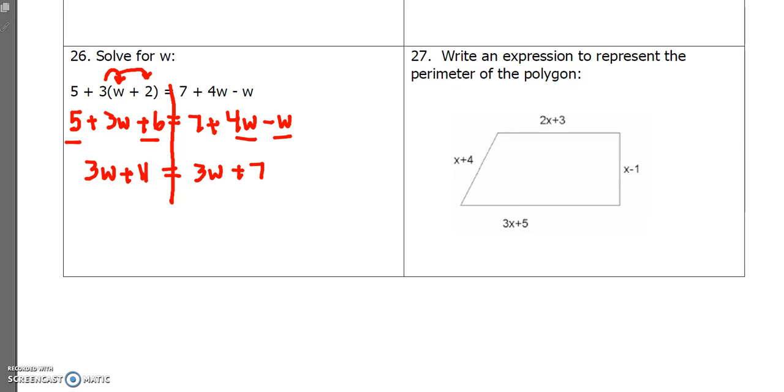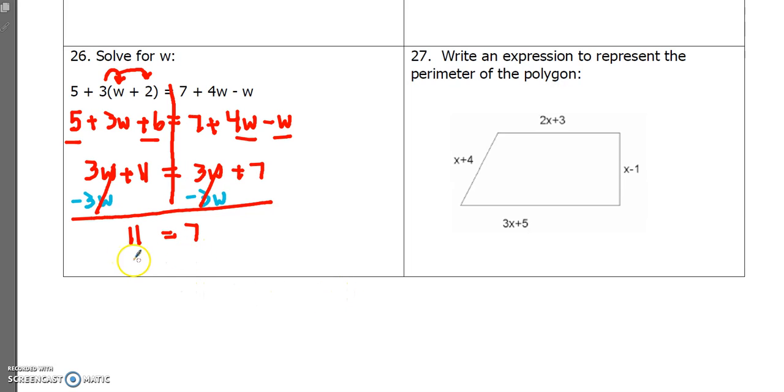Then if I attempt to move the w's to one side, I will subtract 3w from the right, and I will subtract 3w from the left. And when I do that, 3w minus 3w is gone and it leaves 11. 3w minus 3w is also gone on the right and it leaves 7. So it canceled out my variables and it just leaves me two numbers.